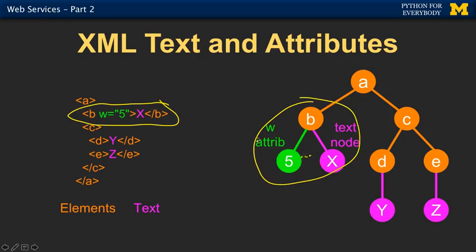There could be lots of attributes. I just have W equals 5, and so one of the children of the B node is its attribute child or the text child, and there can be many of these attribute children because there could be lots of attributes, A equals 4, B equals 19, double quote there. Always got to have double quotes, and so you could have many of these attributes, and they're sort of children.